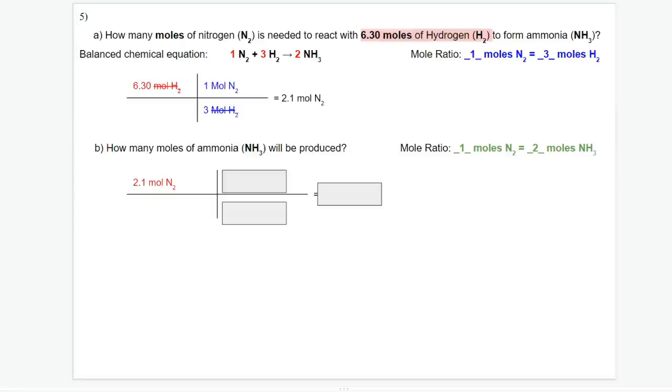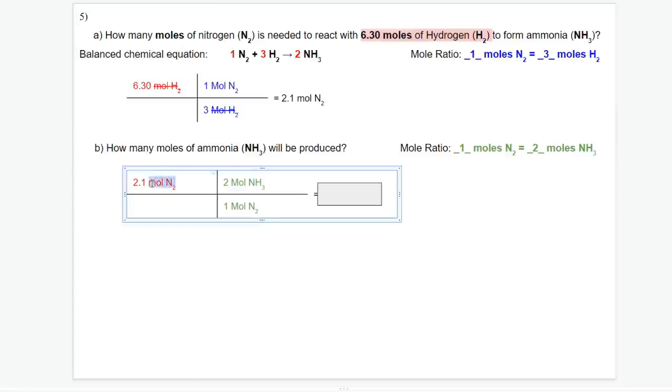Since I started with moles of N2, I want to divide by moles of N2. And moles of N2 can convert into moles of anything else that's in that equation. Here, what I want is moles of NH3. So I fill in the values from the equivalency statement. 1 mole of N2, 2 moles of ammonia.